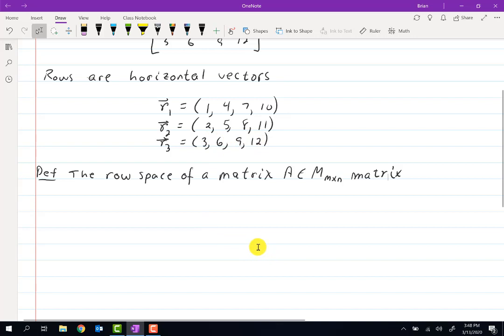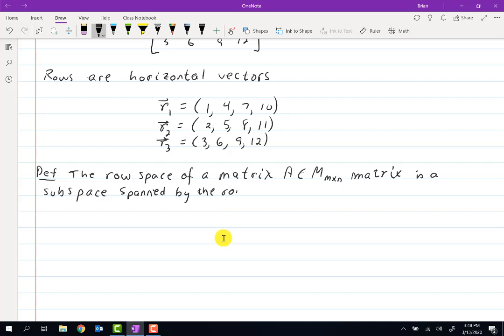So the row space of an M by N matrix is a subspace spanned by the rows of A. This subspace, we'll call it row A, is the name of the subspace.